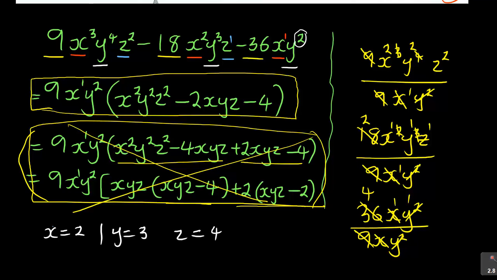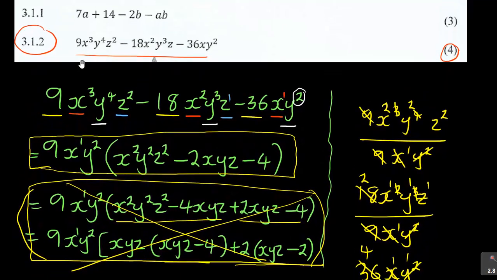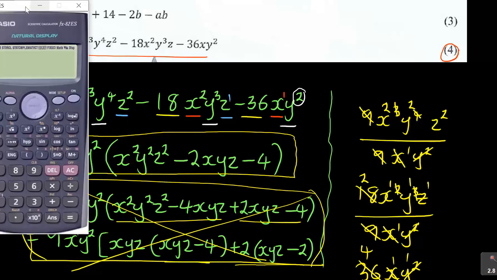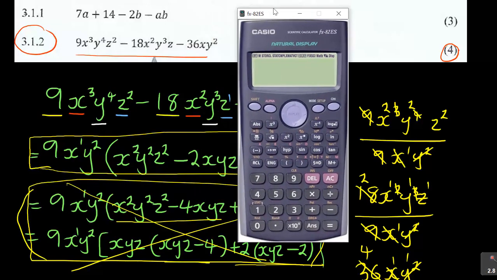So what we do, we take it into the original. So x is 2, y is 3, z is 4. Let's try that and see if we're making it.